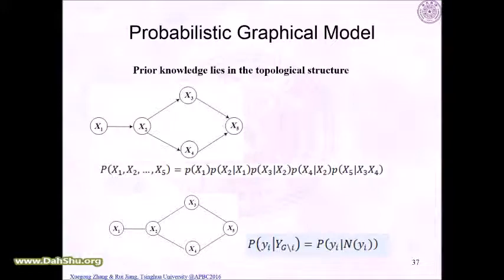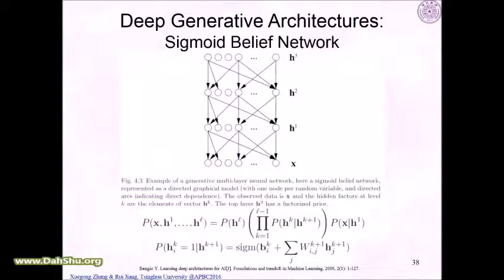In the general case, if we have some prior knowledge about the dependence of the variables, we can have this directed graph. And if we don't know the direction, we have this undirected graph. With this idea, people built the directed sigmoid belief network like this, and we can estimate the model from the data.